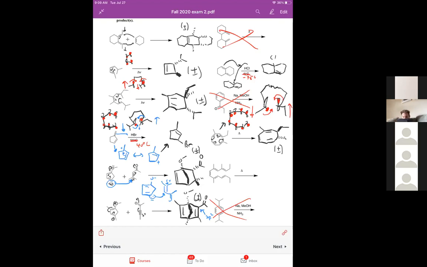All right, so I'm making a big ring. This is a 10-membered ring. Kind of looks like two cyclohexane rings together. Shift this one over.